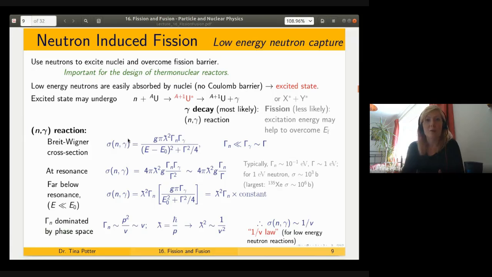You can write down your Breit-Wigner cross-section here as your spin factor g, pi, and we usually write 1 over the momentum of the initial state particle squared. This could also be written in terms of lambda-bar here, which is just the inverse of that. It's just the wavelength.